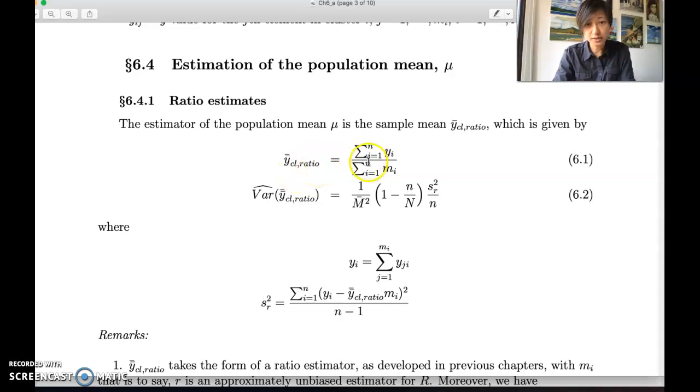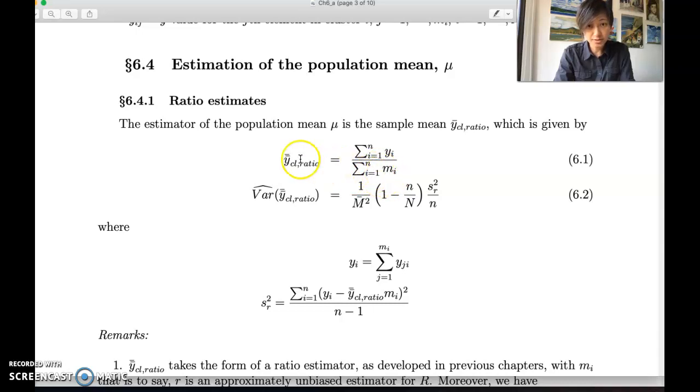In that case, we add up all of the cluster totals, which is Yi, from the first cluster up to the little n-th cluster within our sample. So this is adding up all of the individuals for each cluster, up to the total number of clusters in the sample, and divided by the total cluster size for all of the elements in the sample.